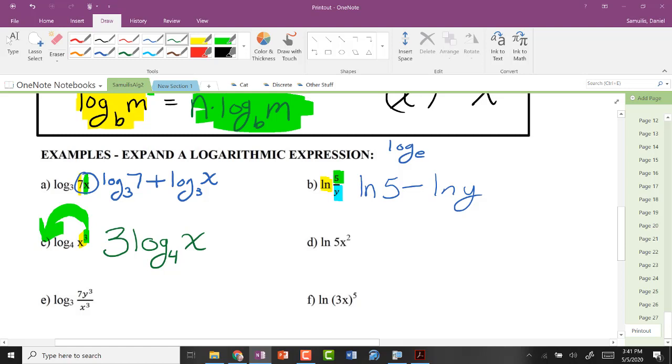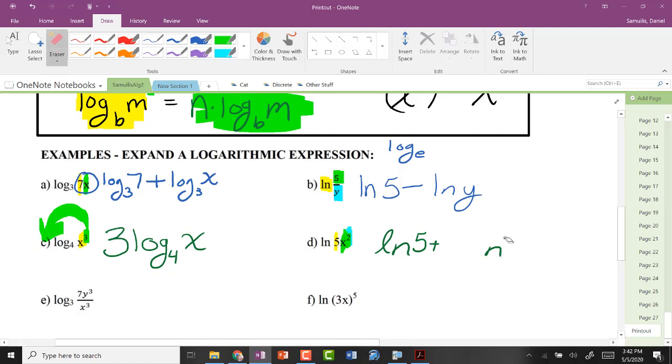Now let's put more than one example together. Okay, one term, two terms, but with a power. So it is a product. It needs to be expanded into two logarithms because I have two terms.